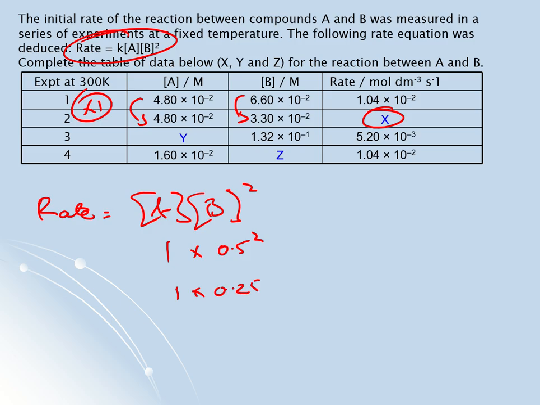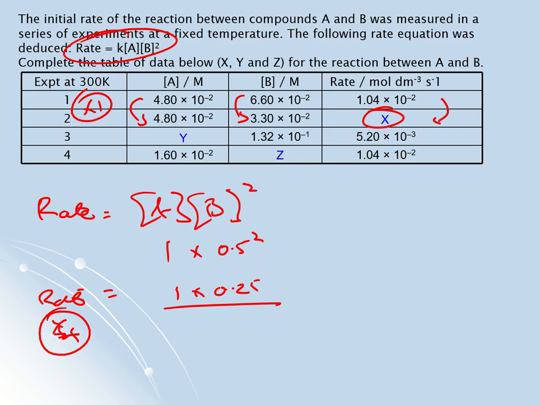A half squared is a quarter. And I'm looking to see what is the relative change in the rate. So I now know that rate equals 1 times 0.25, so the rate has been quartered.